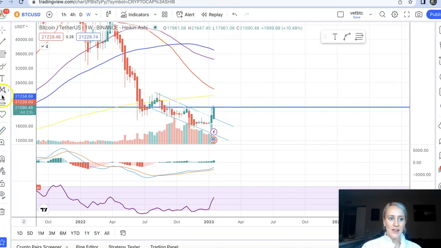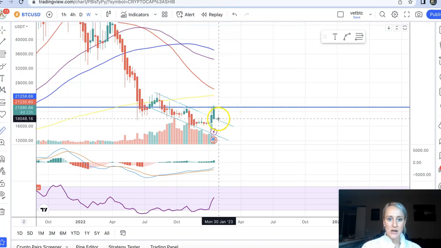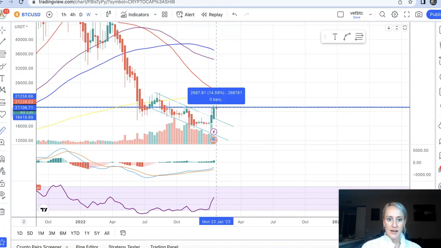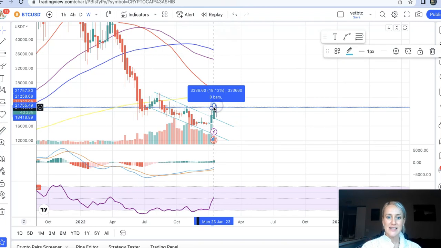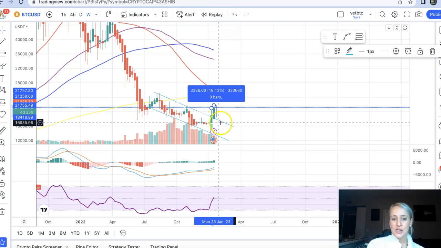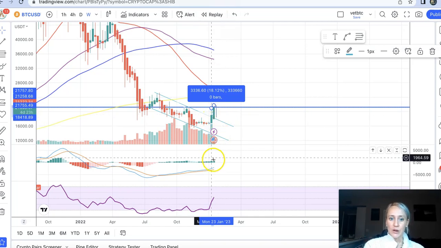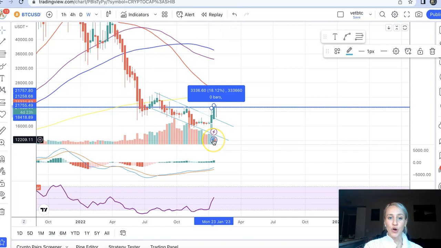That is the predicted measured move here, 18%, which was, as you see, what was hit when it broke out. So it just printed a green candle. You have volume to confirm that on the weekly, so that's an excellent sign.